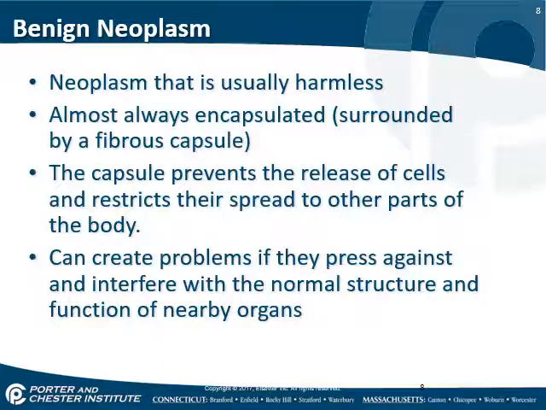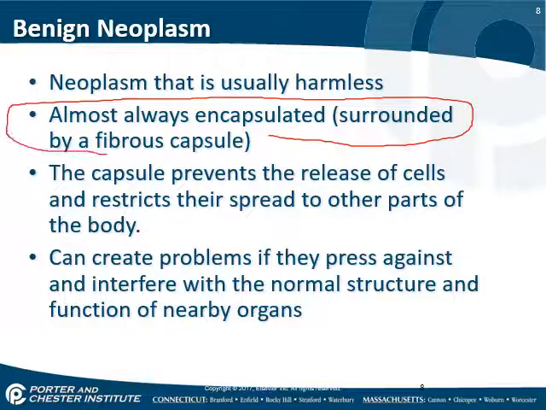Now, when we talk about a benign neoplasm, this is usually harmless. These are abnormal cells that have divided and caused a tumor, but it's benign and harmless. The big thing to know about these benign tumors is that they are encapsulated by a fibrous capsule, and they will not spread to the surrounding tissue.